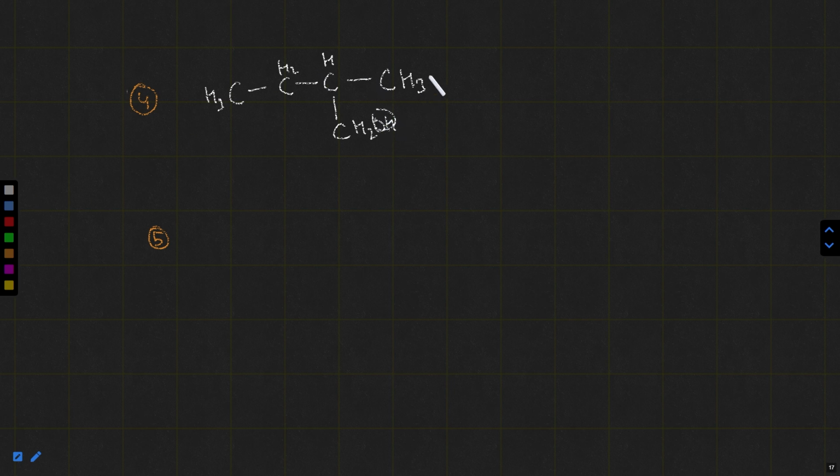Now this OH can be here and here. Both will have the equivalent position. So I am placing on this carbon. OH. This will be CH3 and CH3.